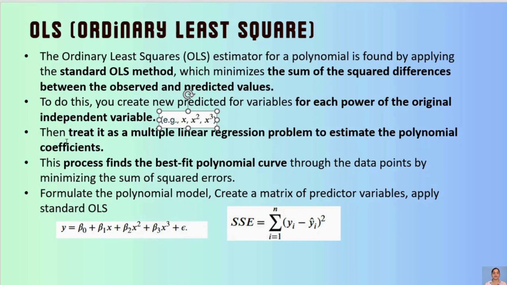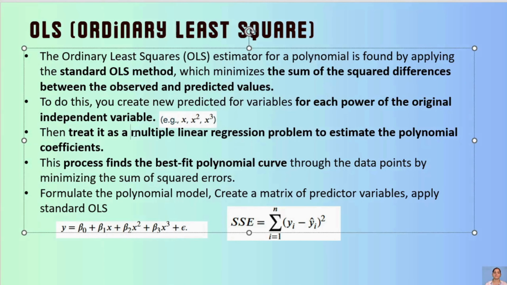Then after that, it is going to treat that under multiple linear regression, just the way I have shown you in that pipeline. First, it is going to create that polynomial variable. Then after that, it is going to put the input inside a multiple linear regression to estimate the coefficients. Whatever process happens through this linear regression, it finds the best fit curve, right?